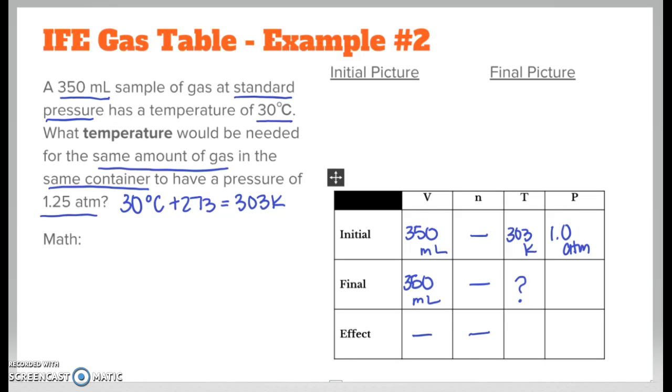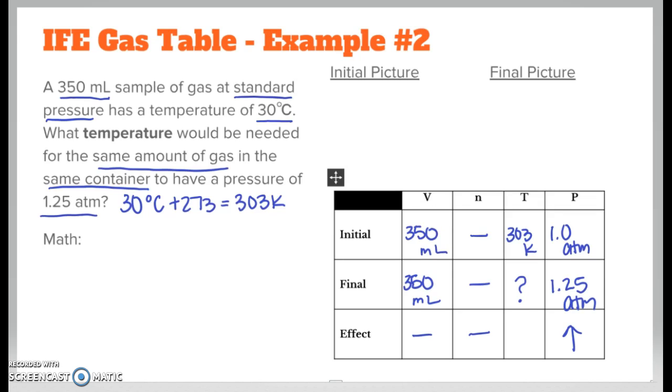It says that the same container is going to have a pressure of 1.25 atmospheres. What we're going to want to do is indicate what the effect is going to be on our pressure and then on our temperature. We can see that we're increasing our pressure because we're going from 1 atmosphere to 1.25 atmospheres. Then we're going to need to predict what's going to happen to the temperature.